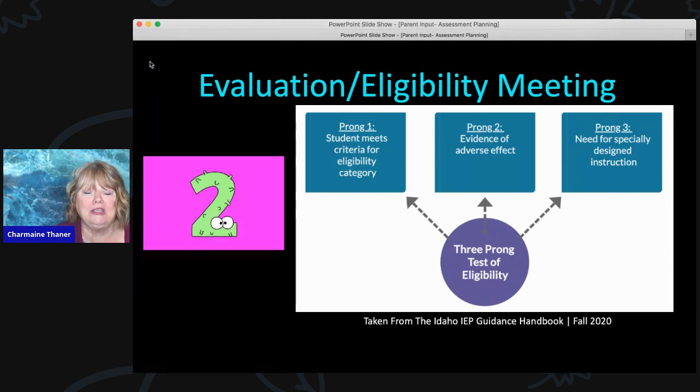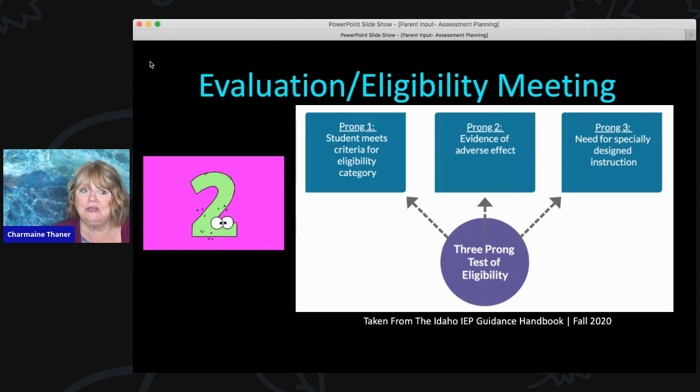I'm sure your state Department of Special Education also has some guidance or a special education manual, so it's always good to look at what your own state says. But basically, the team is going to have to look at, do we have enough information to say that this student meets the criteria for an eligibility category?